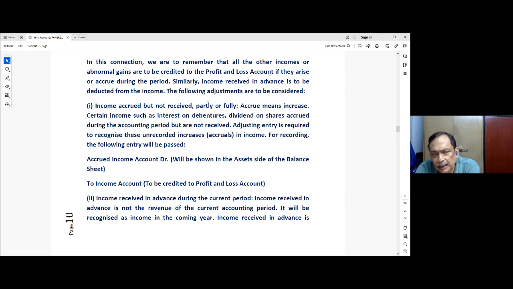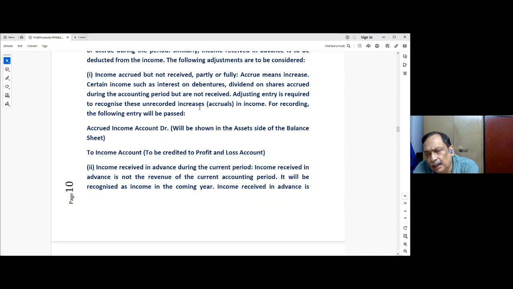Adjusting entry is required to recognize these unrecorded increases, that is, accruals in income. For recording, we are going to pass an entry, and the entry will be accrued income account debit, which will be shown in the asset side of the balance sheet, to income account to be credited to the profit and loss account.